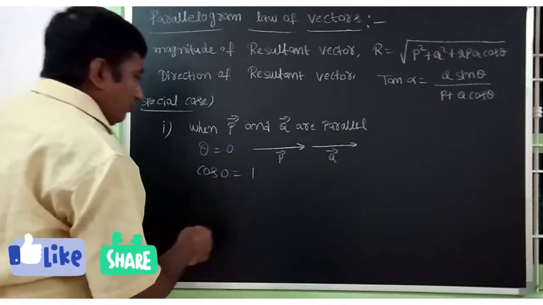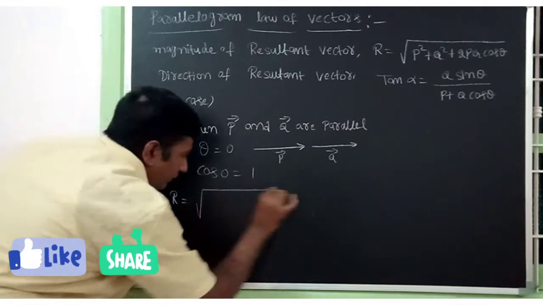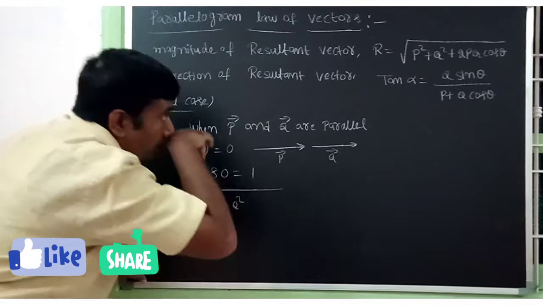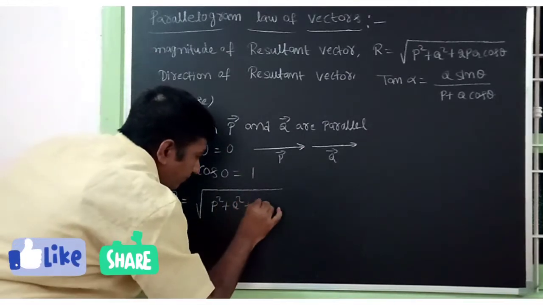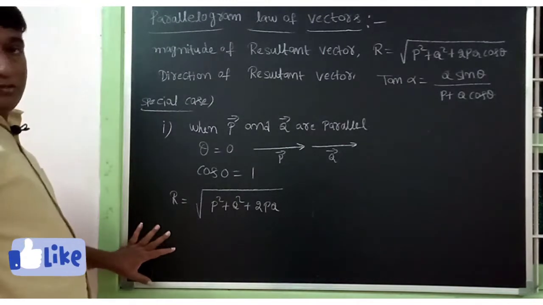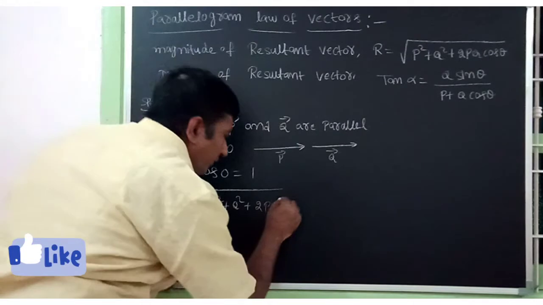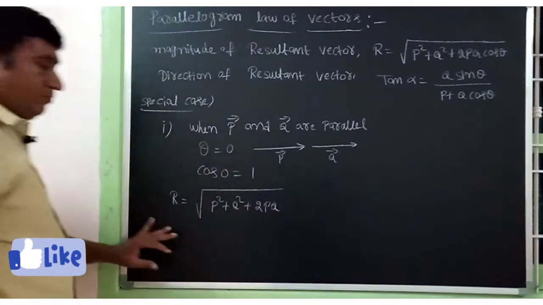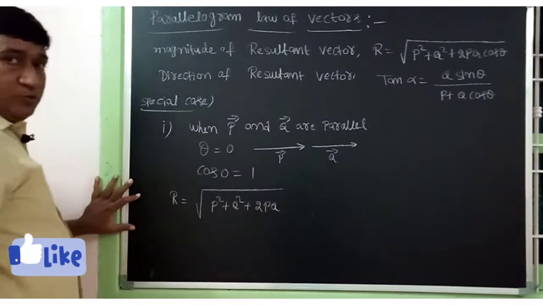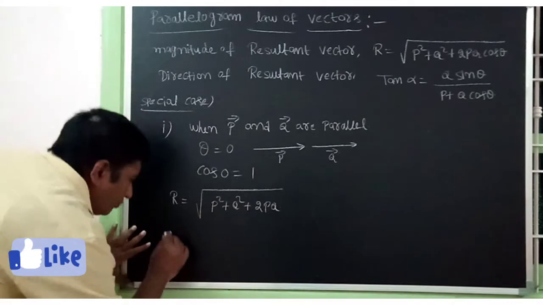By substituting in our equation, the magnitude r is equal to root of p square plus q square plus 2pq cos 0, and cos 0 is 1. This is in the form of a square plus b square plus 2ab, and the formula for that is a plus b whole square.